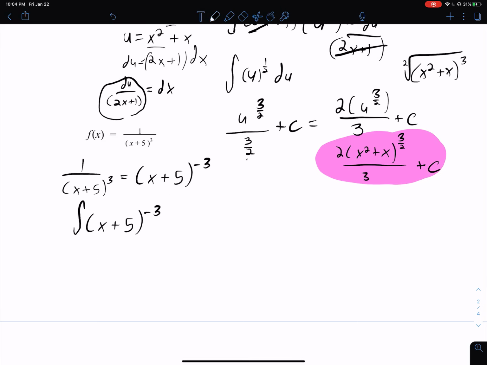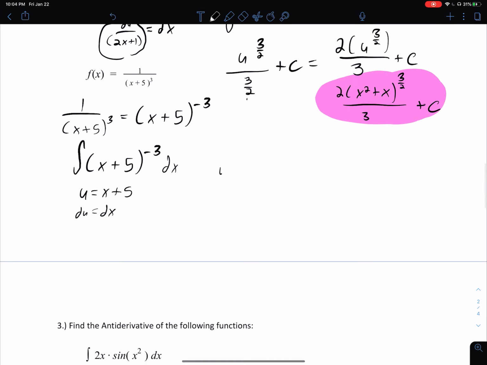And now let's do everything. u equals x plus 5, du equals dx. Then you substitute everything in, so you have the integral of u to the negative 3 du, and then you can still use that reverse power rule, so you add 1 to the exponent and you divide by that.